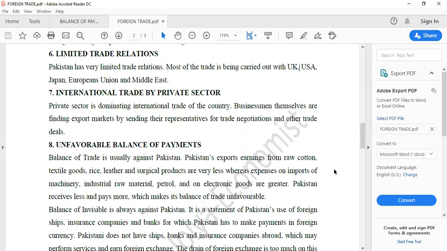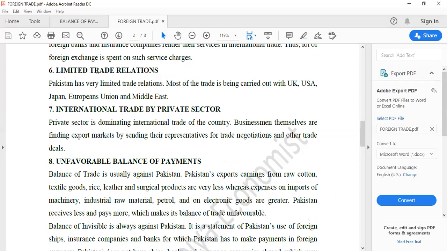Because of limited trade markets, we are unable to improve our trade structure.